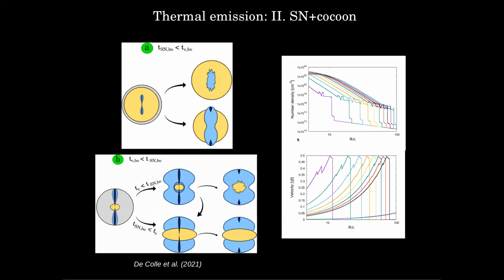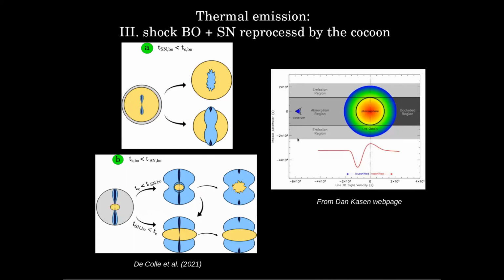And I will very quickly jump the rest, just to mention that a very interesting part is the case in which the supernova is inside the cocoon. The optical emission from the supernova will be partially reprocessed by the presence of the cocoon. The shock front of the supernova will interact with the denser cocoon material, so it will probably emit UV and X-rays, and so on.